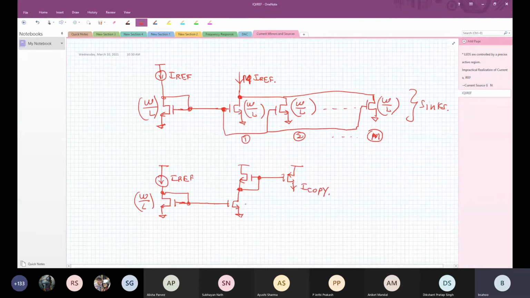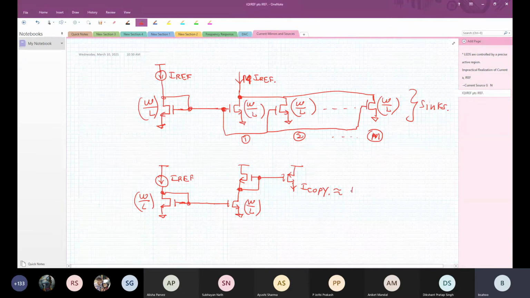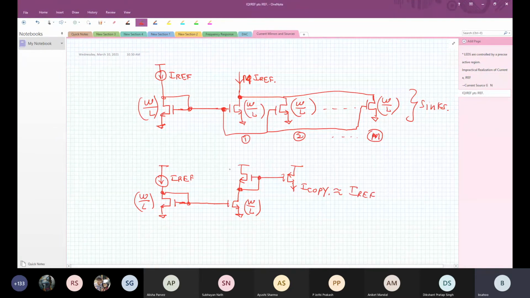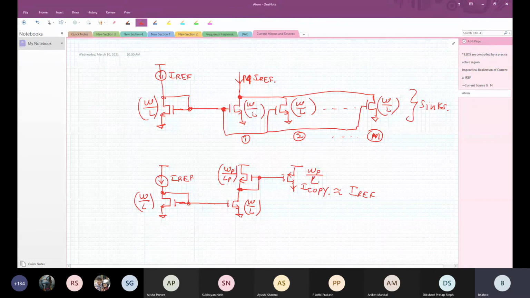If I make this W by L, then exactly I copy. So I copy will roughly be equal to Iref. If this is WP by LP, I'm giving a notation for PMOS WP and LP, and NMOS W and L. We'll analyze the accuracy. So this becomes a source.